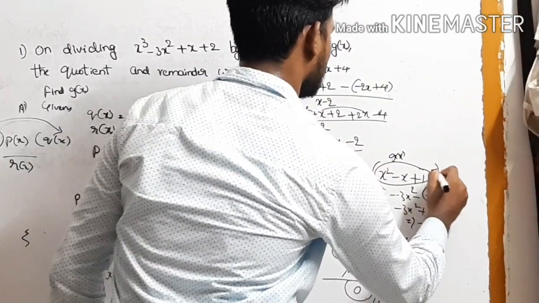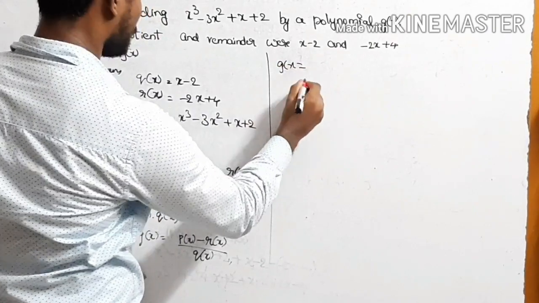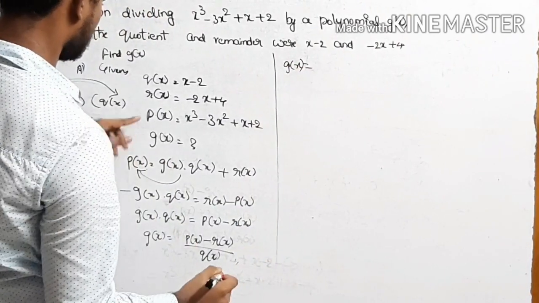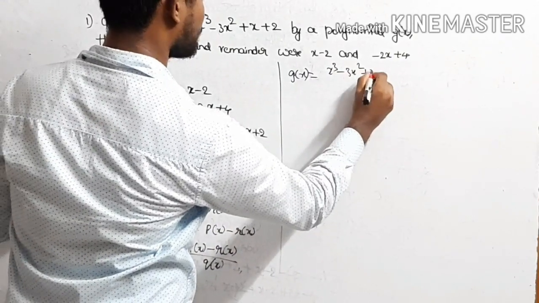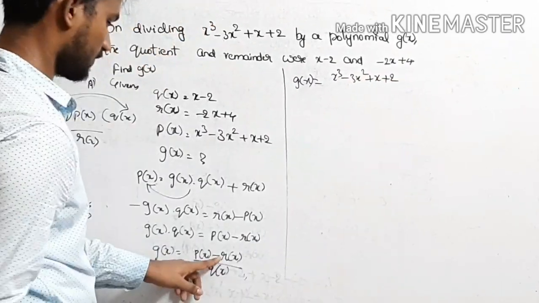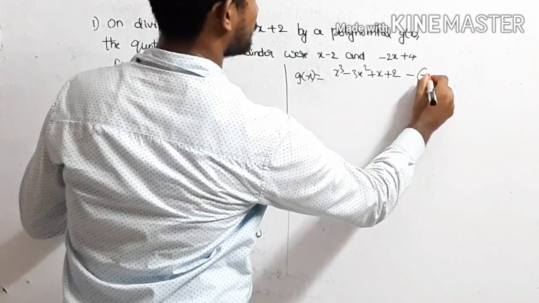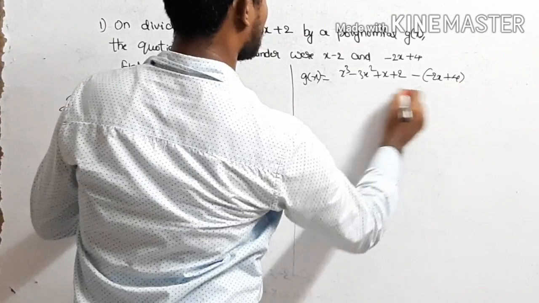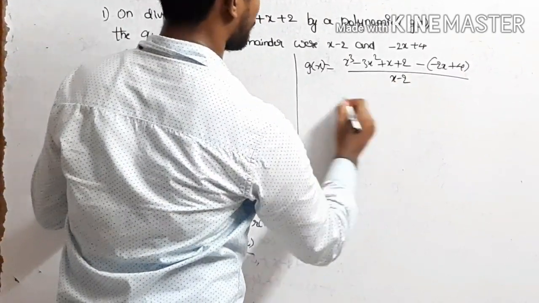It is the g(x). This value g(x) equals p(x) = x³ − 3x² + x + 2 minus r(x), which is −2x + 4, divided by q(x), which is x − 2.